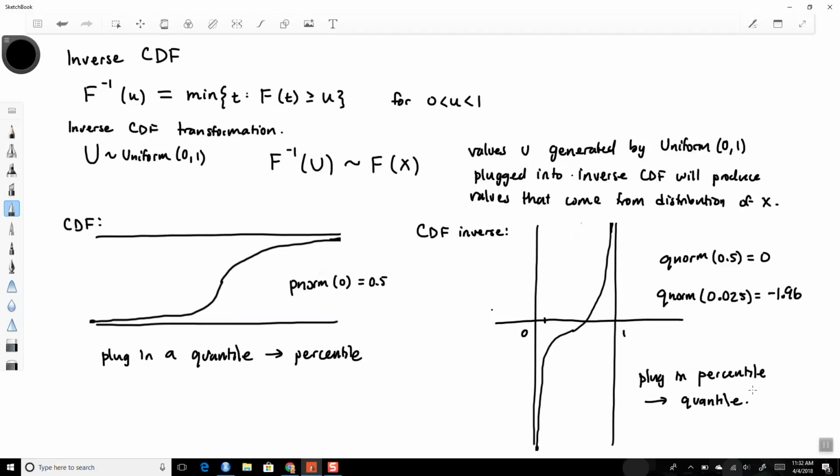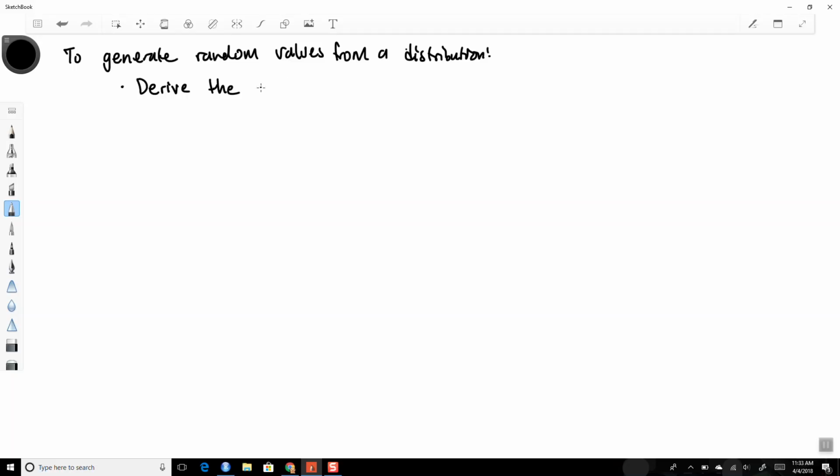So basically, the way the inverse CDF thing works to generate random values from a distribution, first you got to derive the inverse CDF, F inverse.